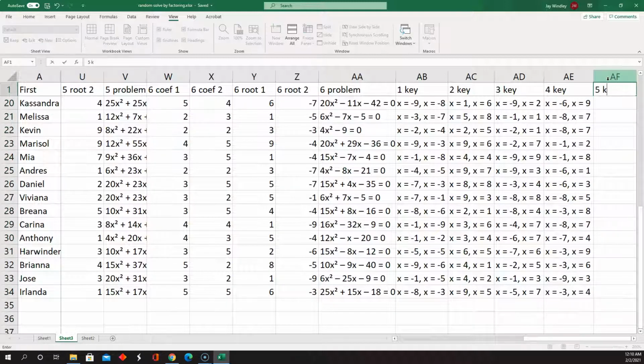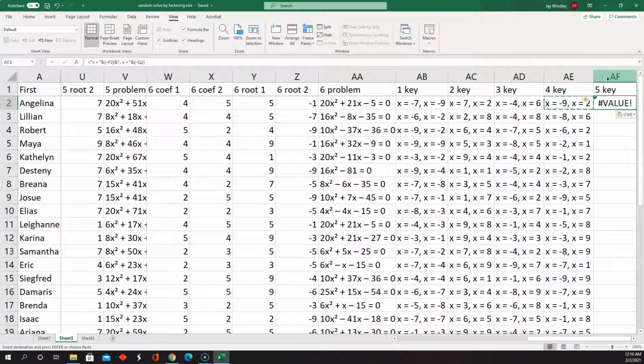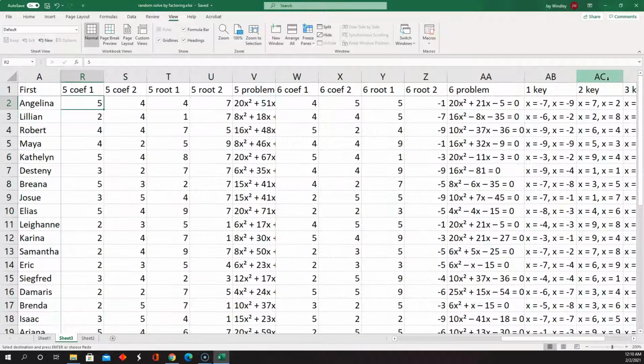And 5 key, this is where it's going to get a little bit interesting. So for 5, we're going to have the negative of the root, which is in T2, divided by the coefficient that's in R2.